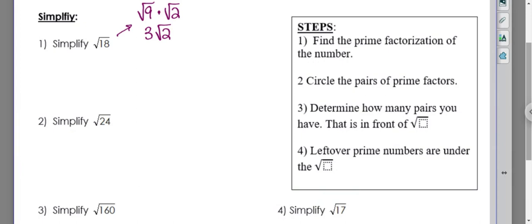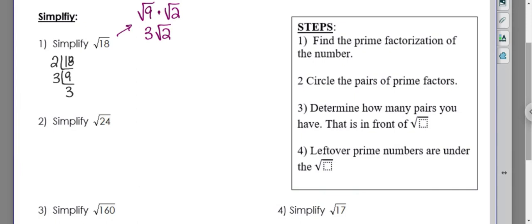So the square root of 18, the first prime number I can divide 18 by is 2. Then that leaves me with 9. Since I can't divide 9 by 2, I go to the next prime number I can divide that by, which would be 3. And I have 3. So I show the prime factorization like that.